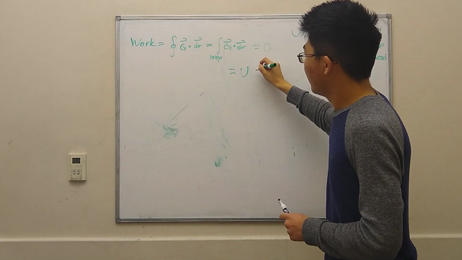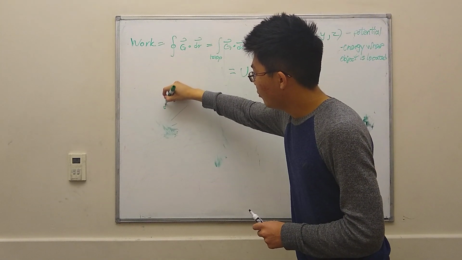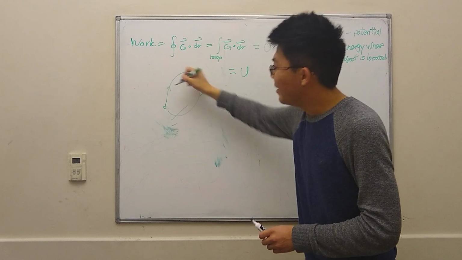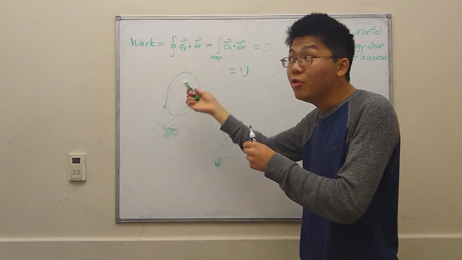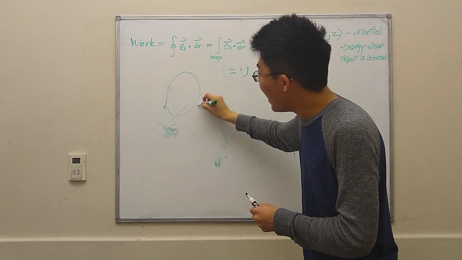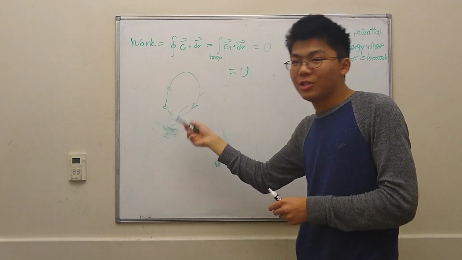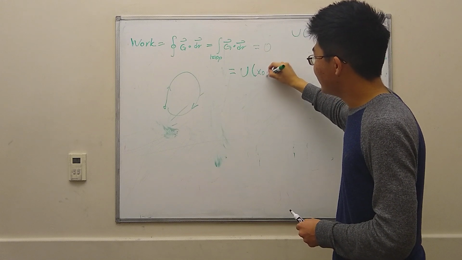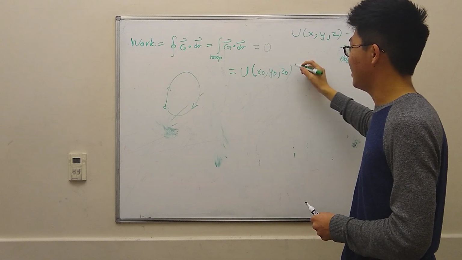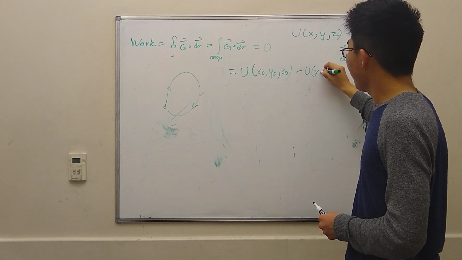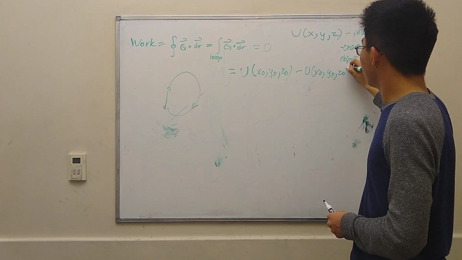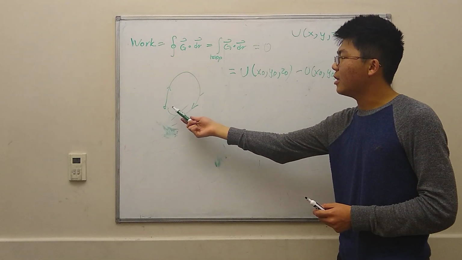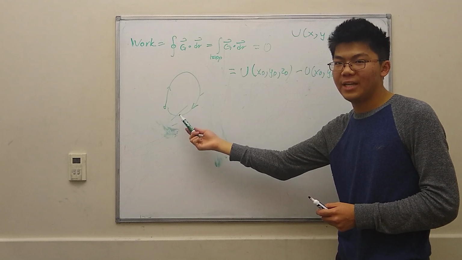Now, in the previous example, we moved the object around like this. Forgive my horrible drawing, but we started right here, we moved upward, and we moved back. There we go, to where we started. So, I'm just going to say this is x naught, y naught, and z naught. In this case, when we first started here, the object did have some potential energy.